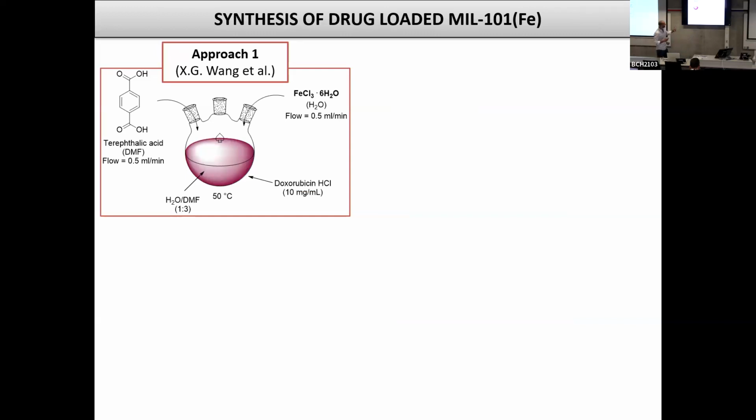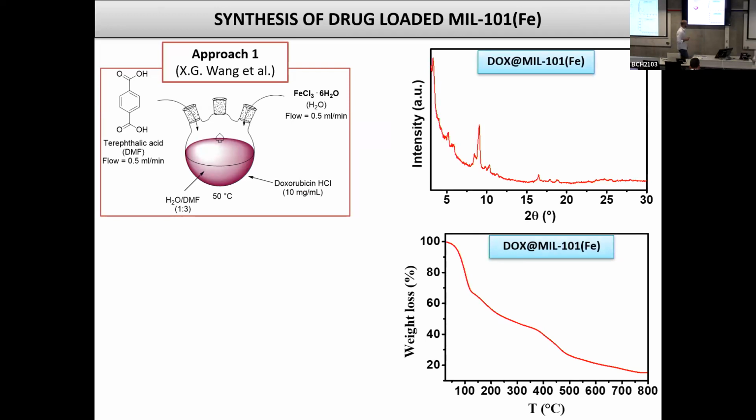So we tried the first approach of Wang and colleagues also for the other MOF, that is the 1101. Also in this case, we observed a good crystallinity, better than the system without doxorubicin. And also in this case, we observed a 28.5% of drug loading. That is a good result.